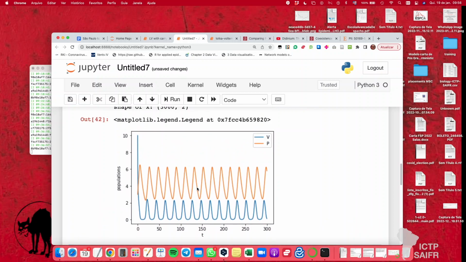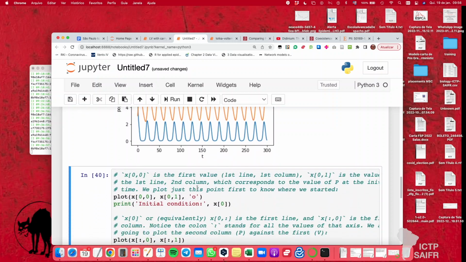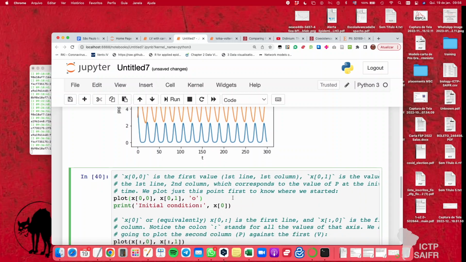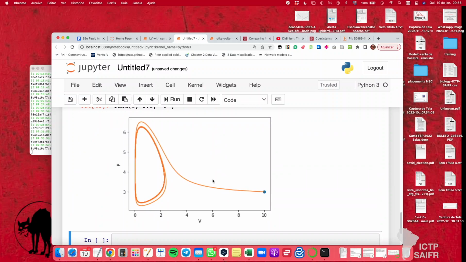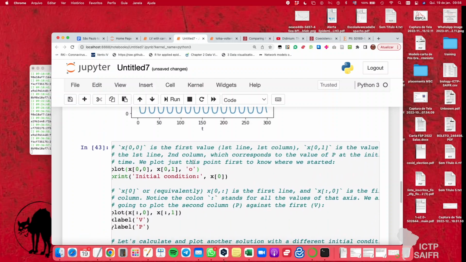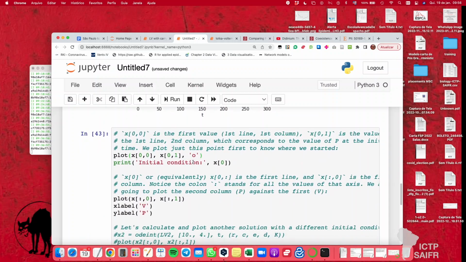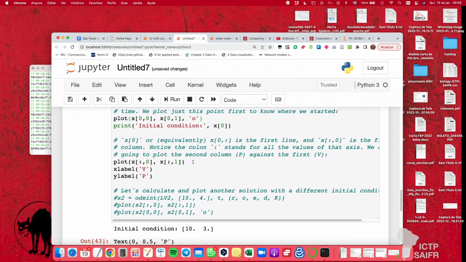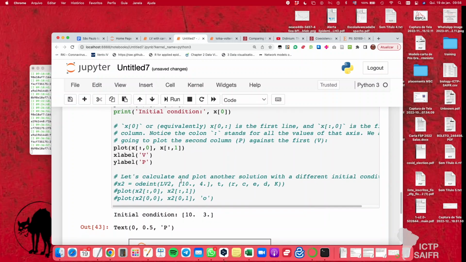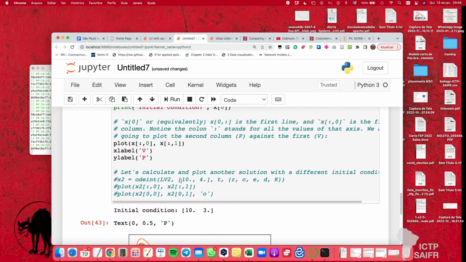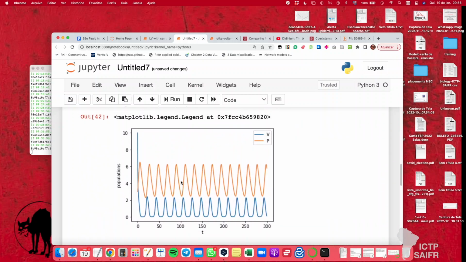And what you get here are stable oscillations. Stable oscillations. And you can look at this here, and that's the phase plane. Here you see the amplitude.